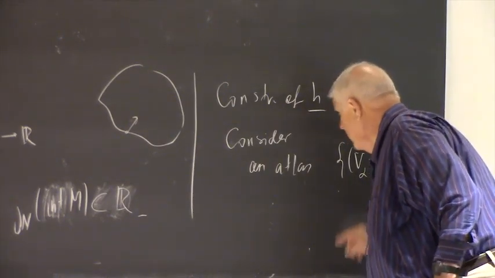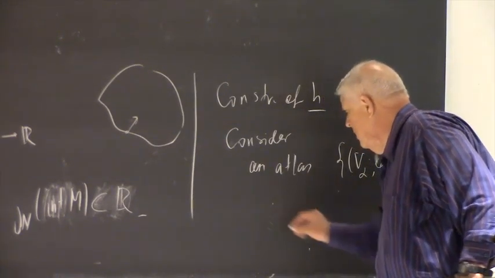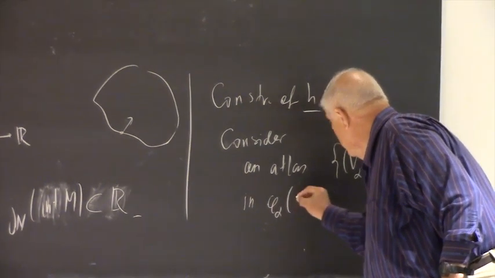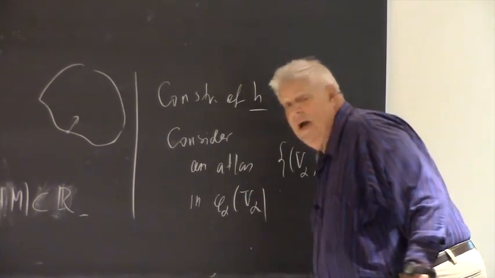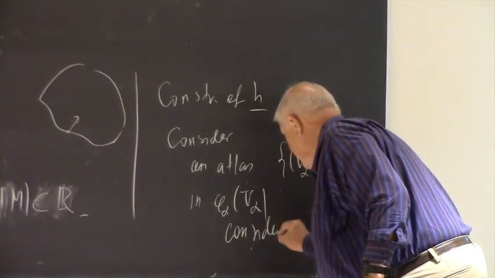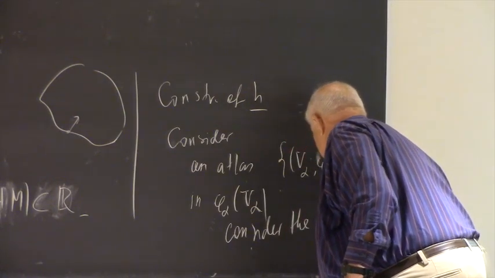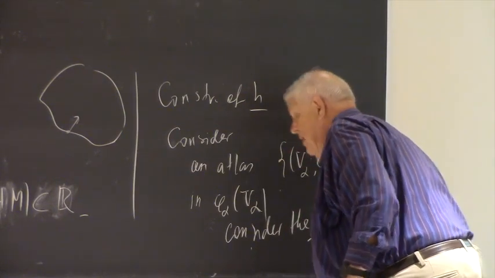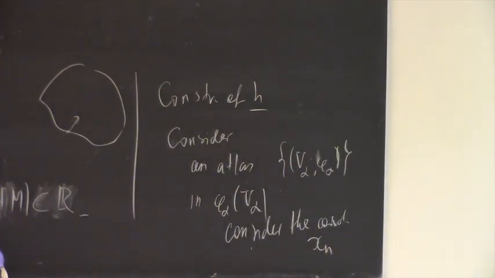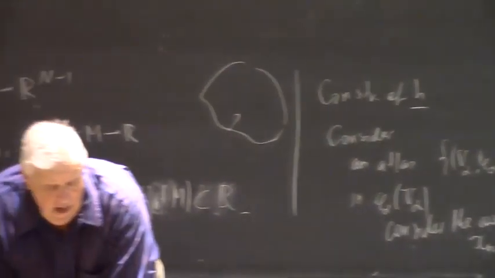And then in every φ_α(V_α), I consider a function, the coordinate x_n. So in this chart, I mean open set in the manifold, we have a coordinate system, and just take the last coordinate.